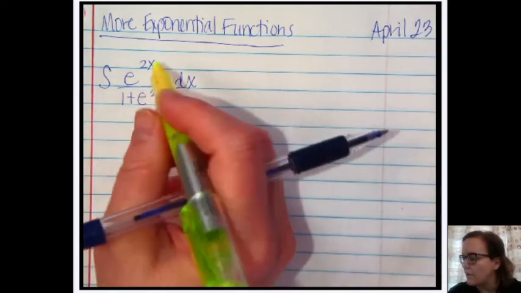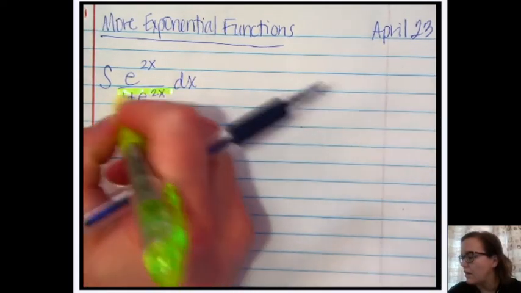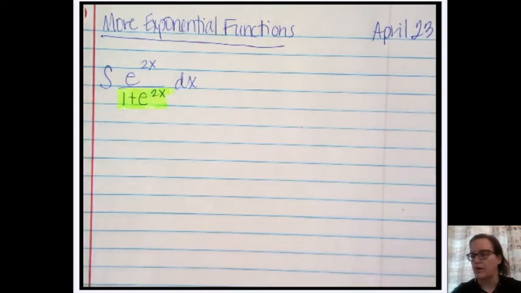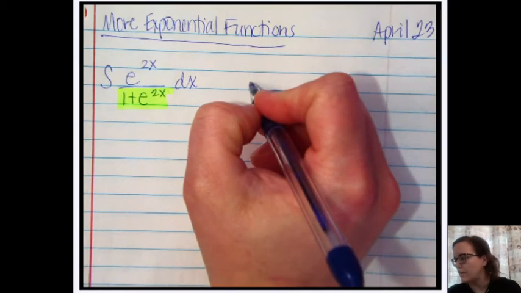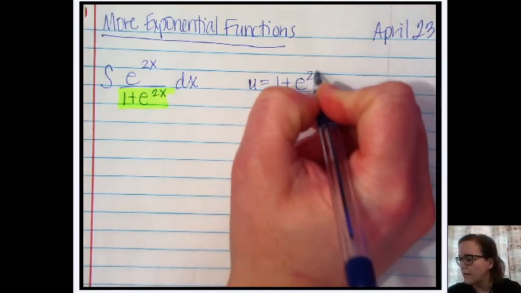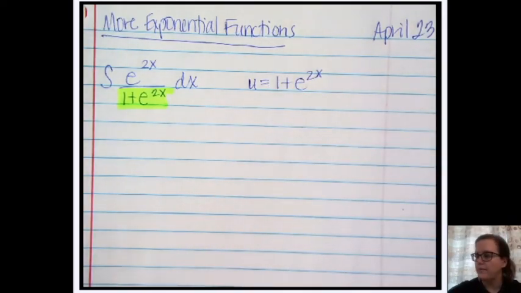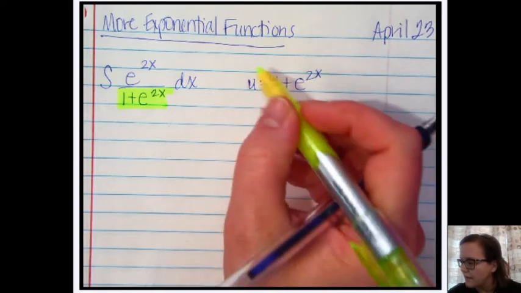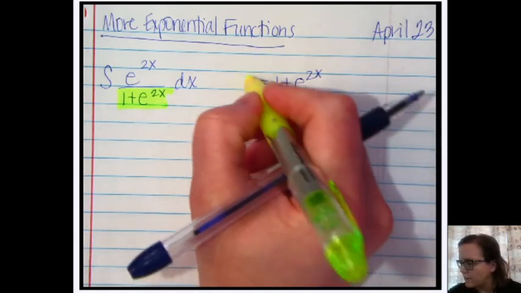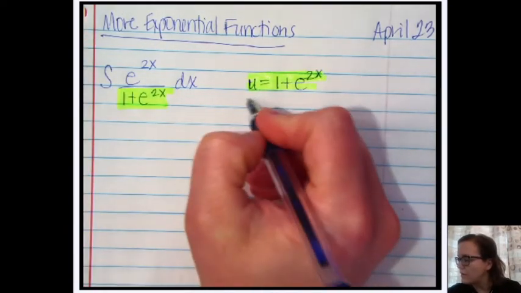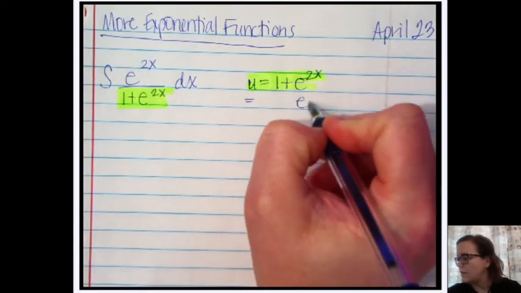And then even more important is that our e does involve that u as well, or the u involves the e. So here let's say u equals 1 plus e to the 2x. Okay, and now we take the derivative, and the derivative of an exponential is just the same thing.